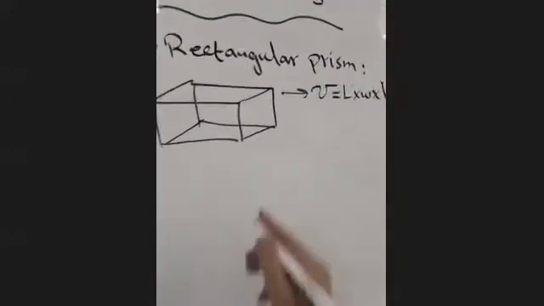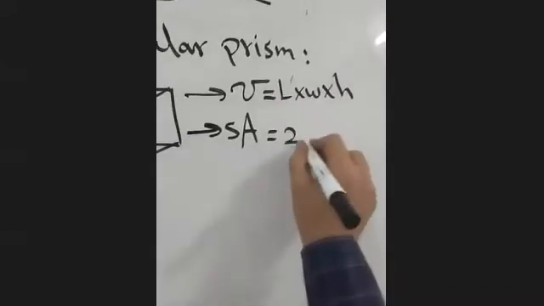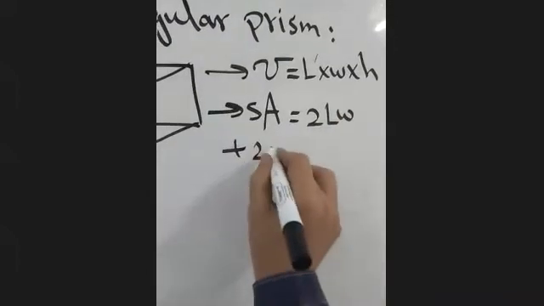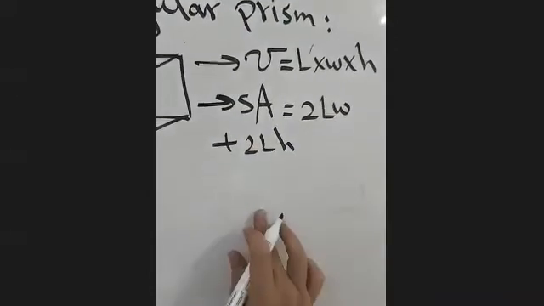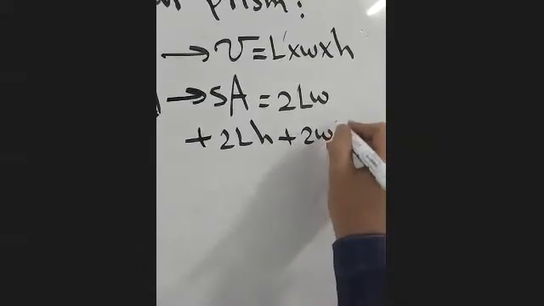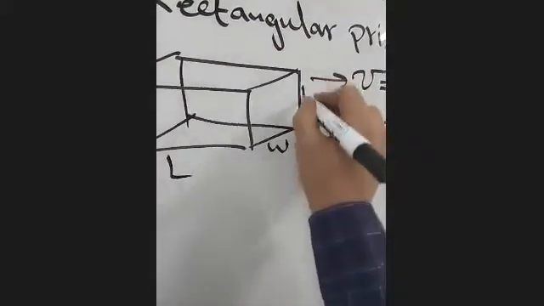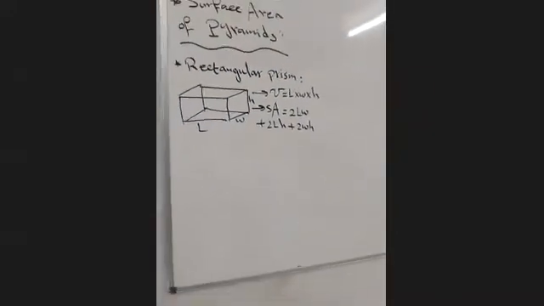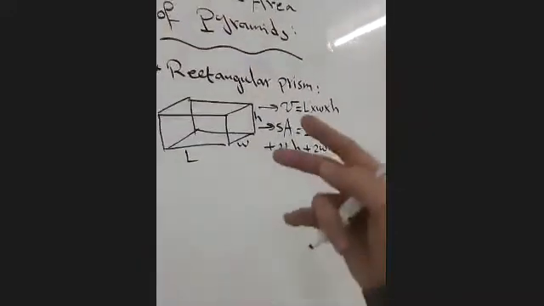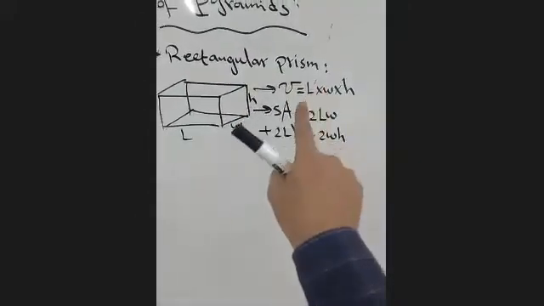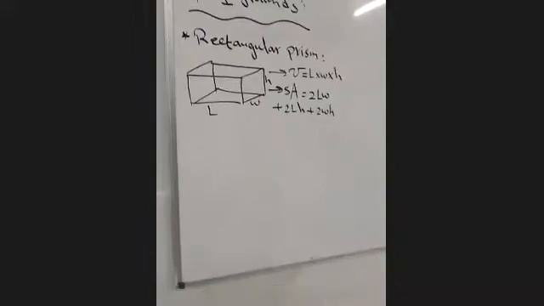The second formula is how to find the surface area: 2 multiply length multiply width plus 2 multiply length multiply height plus 2 multiply width multiply height. So for the rectangular prisms, we have two formulas. We can apply them directly, one for the volume, the other one for the surface area.